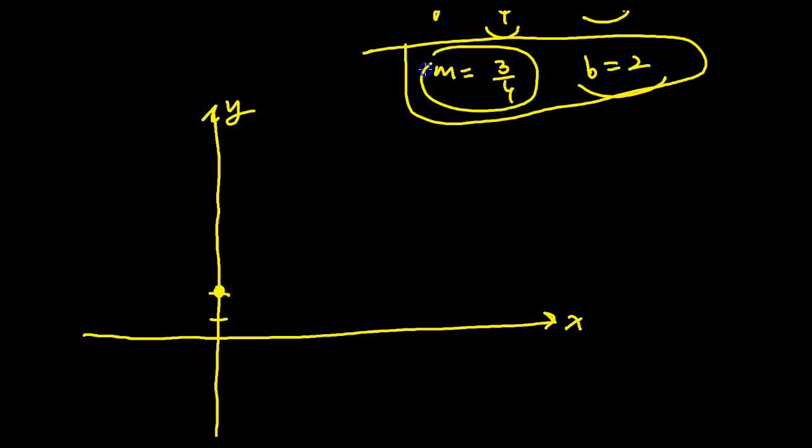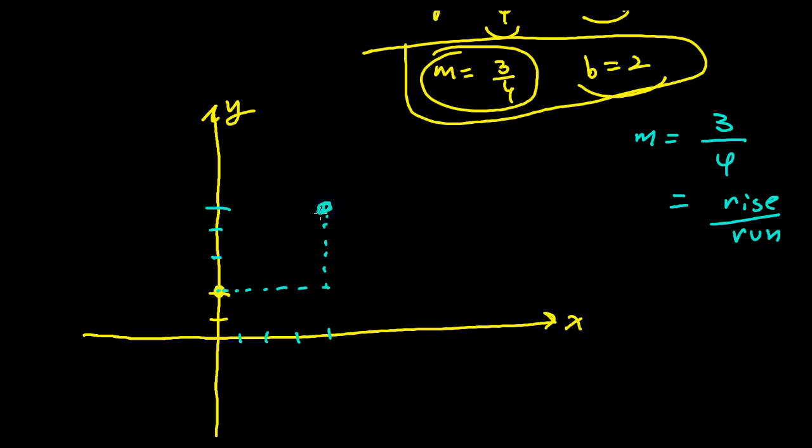And if my slope is 3/4, what I can do is draw, again, a slope triangle and say, well, if you've got a slope of 3/4, that means I've got a rise of 3 for a run of 4. So if I go 4 units in a positive x direction and then go up 3 units in a positive y direction, I can spot another point on the line, could I not?